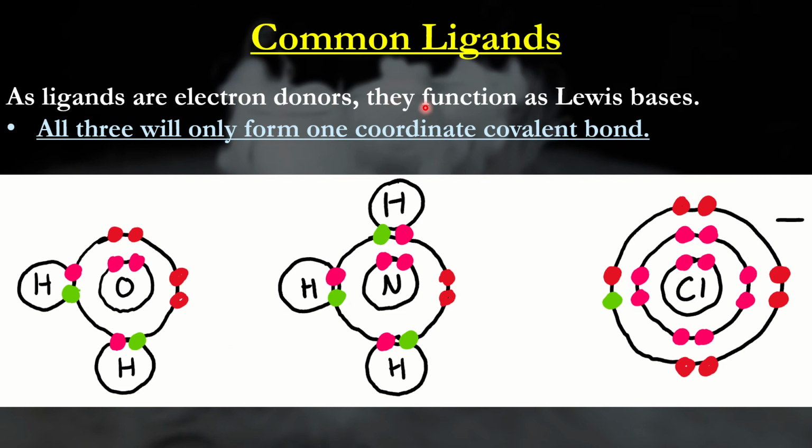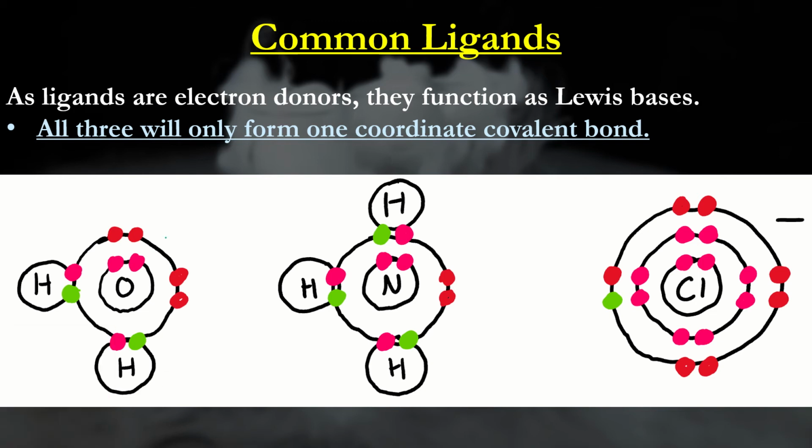So let's look at what some common ligands are. Ligands are electron donors. They function as Lewis bases. You can look at these 3 examples of common ligands. All 3 will only form one coordinate covalent bond with the central cation.